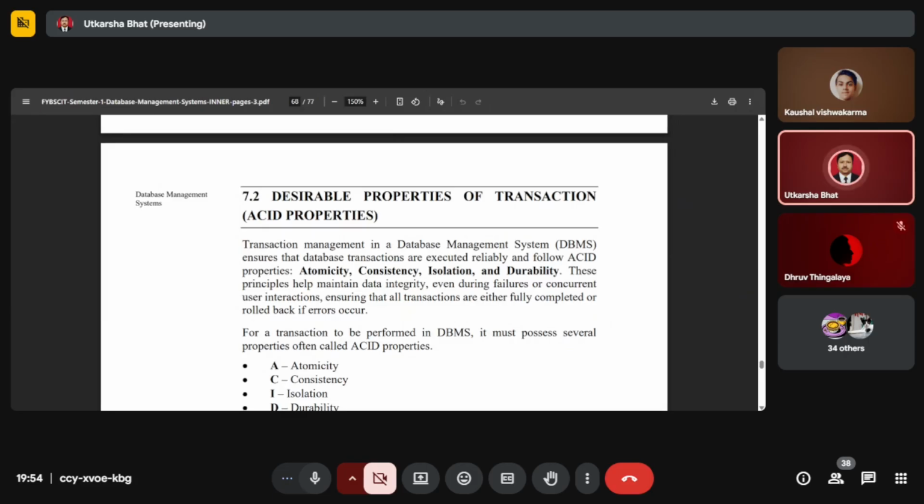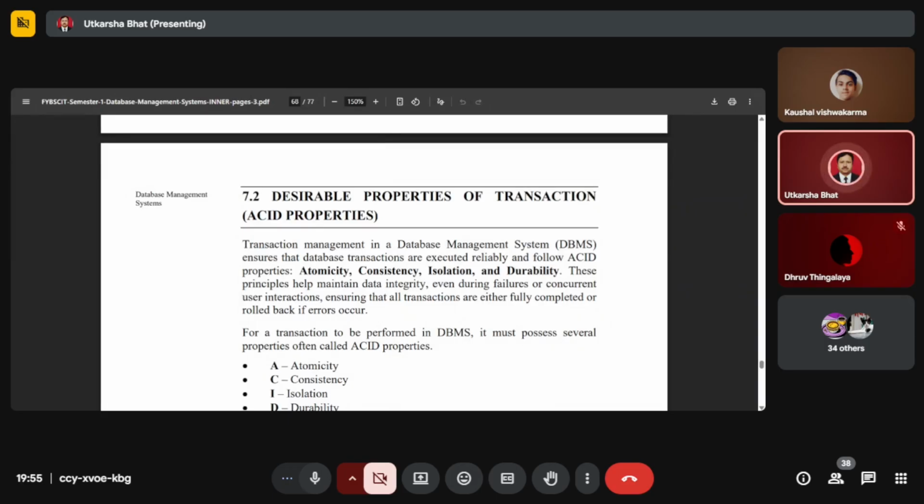These principles help maintain data integrity even during failures or concurrent user interactions. Using that, all the transactions are either fully completed or rolled back if errors occur.